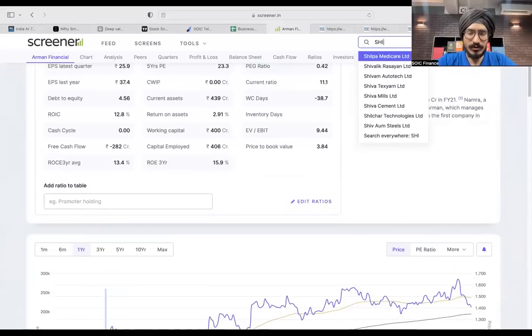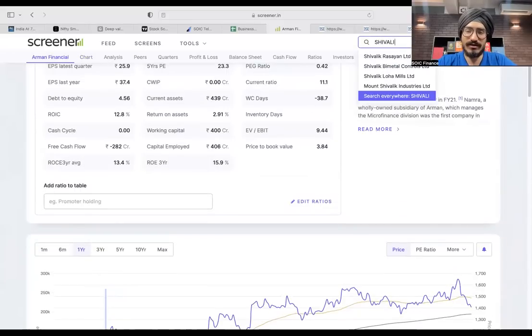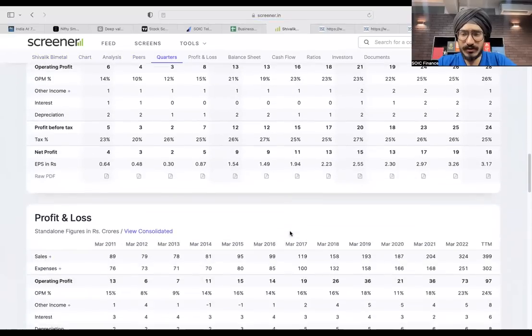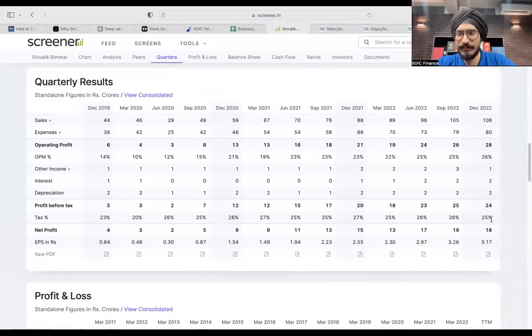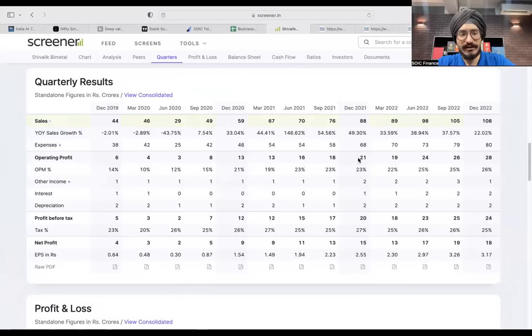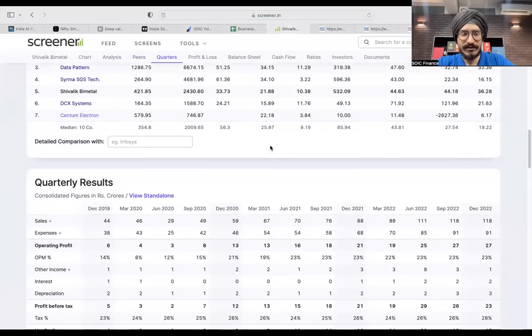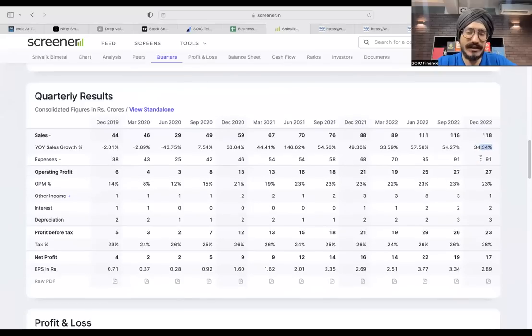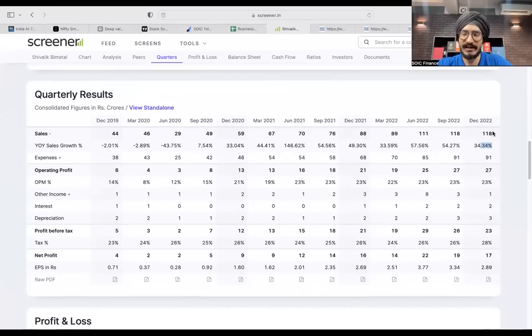One more business whose results were very good, year on year, was Shivalik Biometal. I think year on year they again reported a 25% type growth, right? Around 22% growth if we look at consolidated. Shivalik Biometal also had almost a consolidated 25% growth. I think some numbers on the screen are wrong. I did this Excel calculation.